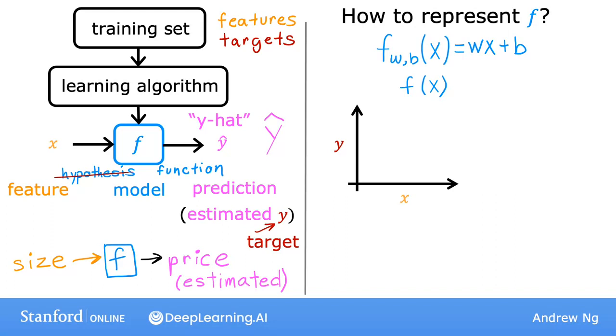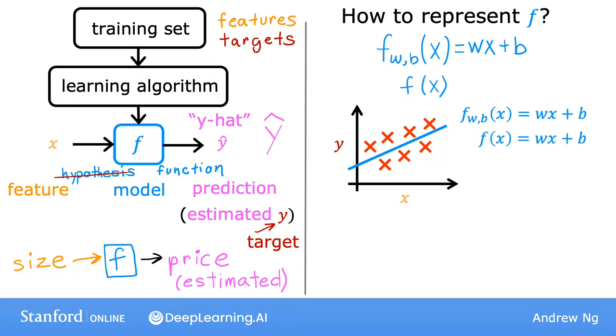Remember, the algorithm learns from this data and generates a best fit line, like maybe this one here. This straight line is the linear function f_w,b(x) = wx + b. Or more simply, we can drop w and b and just write f(x) = wx + b.